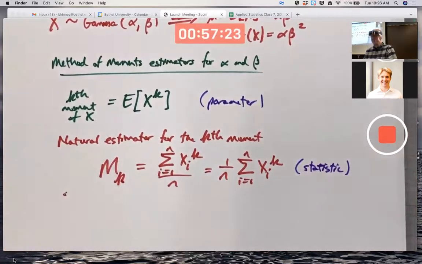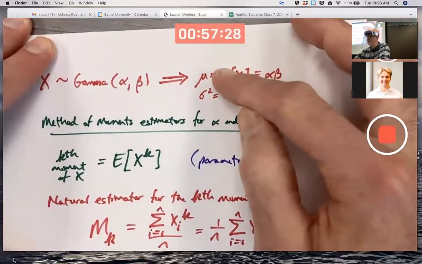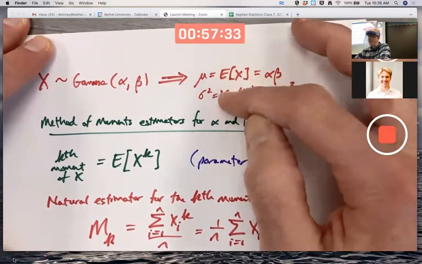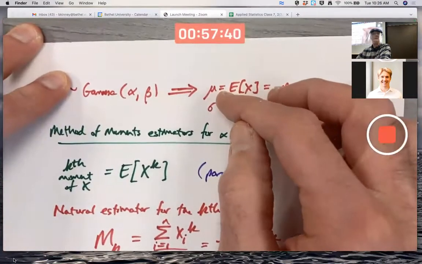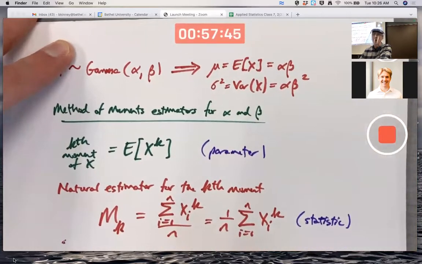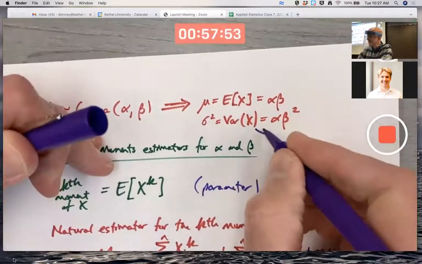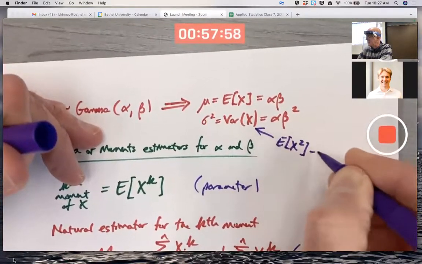What you do with the method of moments is you replace these population parameters with how they're related to the theoretical moments. For example, mu gets replaced with M1, which really is X bar. And sigma squared gets replaced with, use the shortcut formula, the second moment minus the first moment squared.